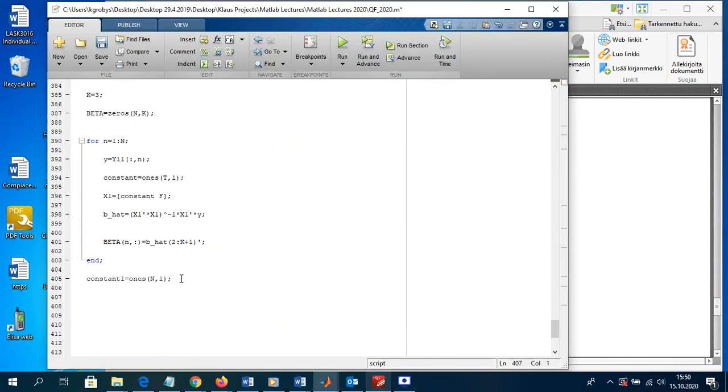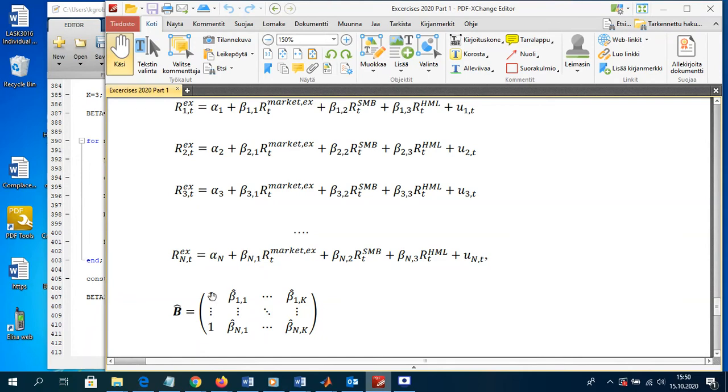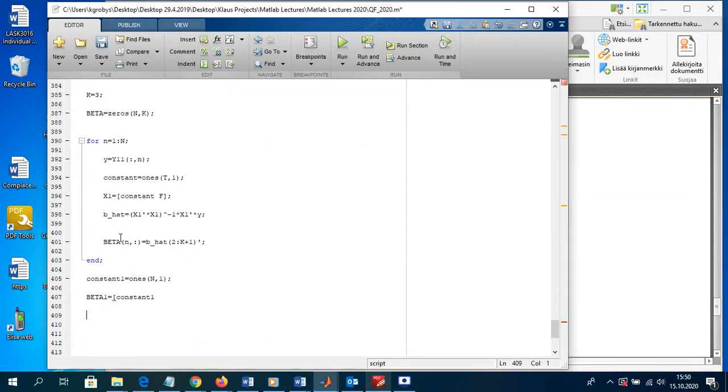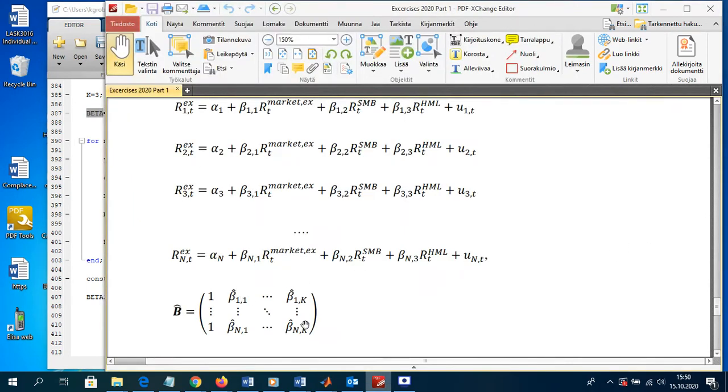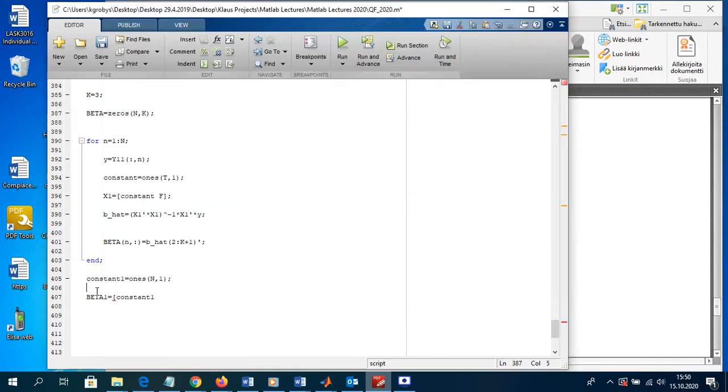So that's what we now defined, and we put it into a new matrix. Let's call it beta 1. Beta 1 has now this constant 1 here. This vector of 1s should be in the first column, and then the rest of it should be this guy here that we constructed, the matrix that contains the corresponding beta exposures.